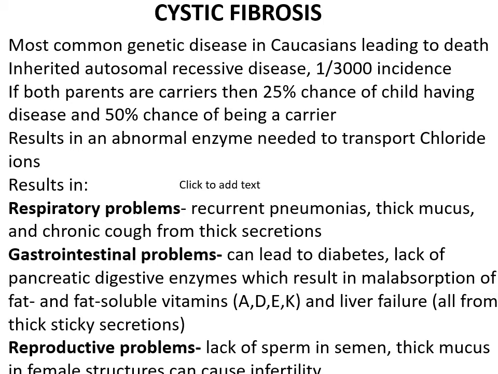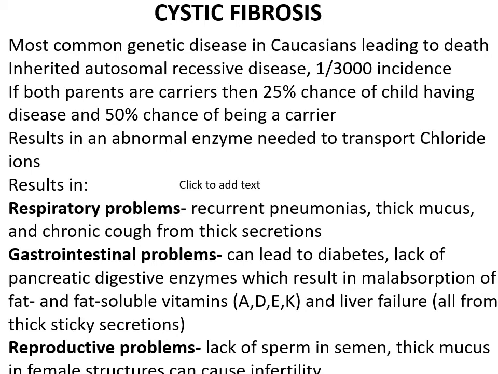In your respiratory symptoms, you get really abnormal production of thick mucus in your bronchial tubes. You end up with a chronic cough. You have recurrent pneumonias because your lungs are so affected. Sorry.